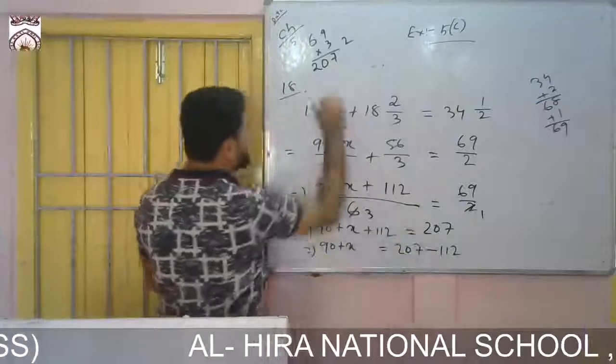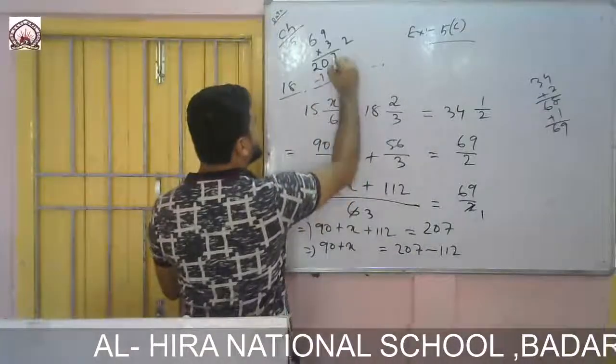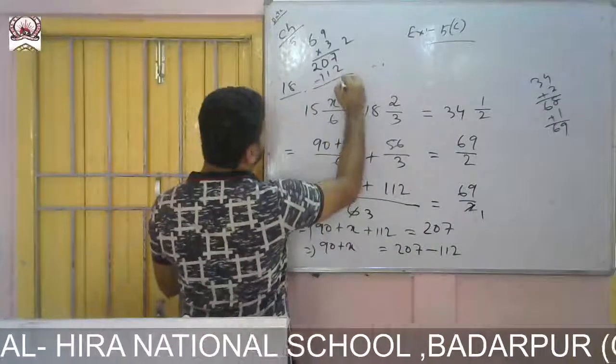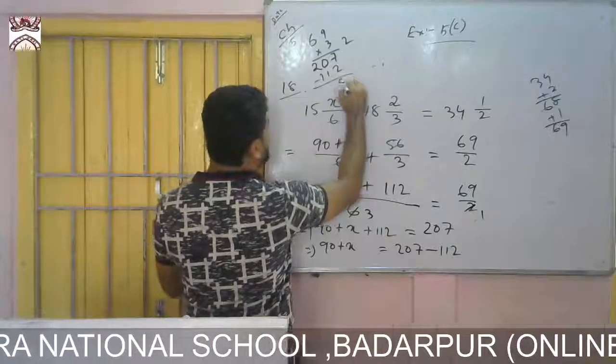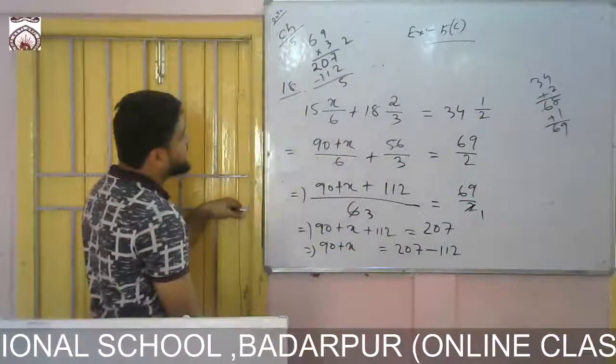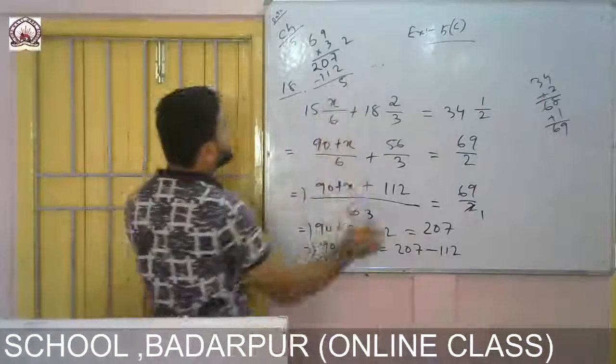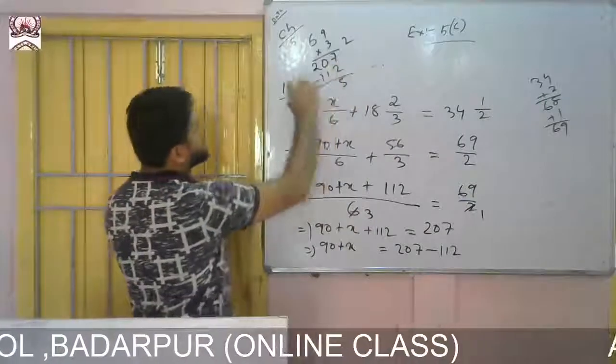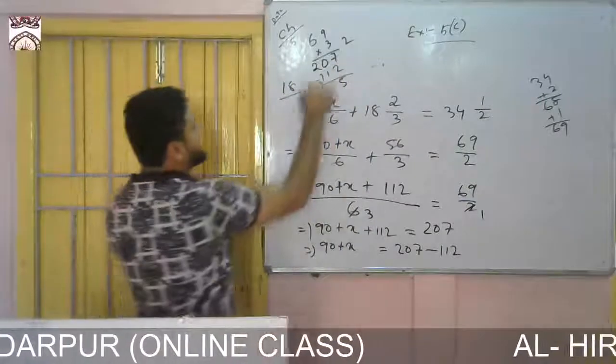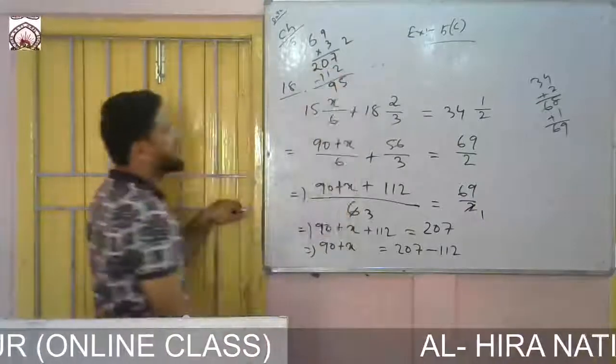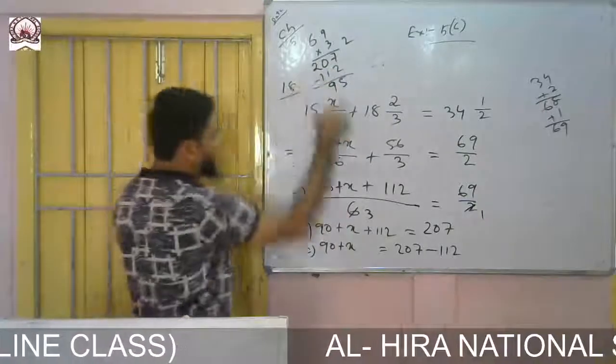So 207 minus 112, how much coming? 7 minus 2, it is 5. And here remain 0. So let us take 1. So 10 minus 1, it is 9. It is coming 95. So 1 minus 1, 0.